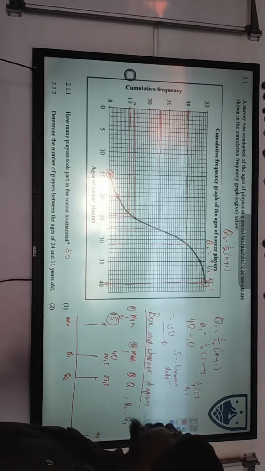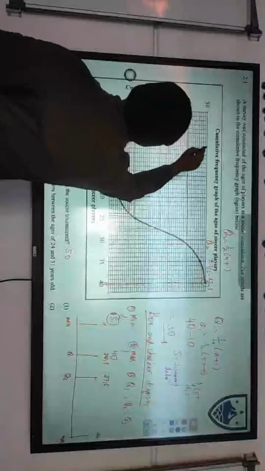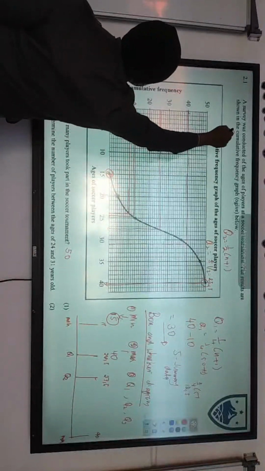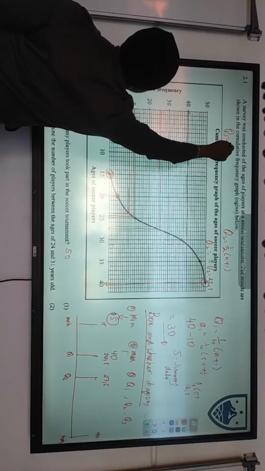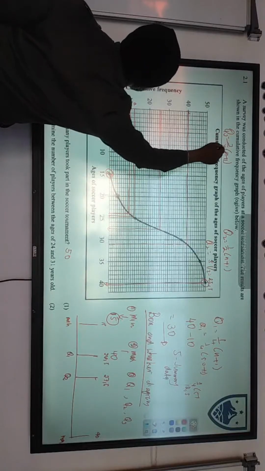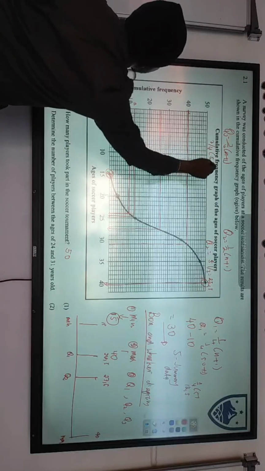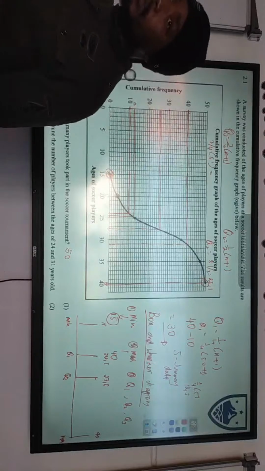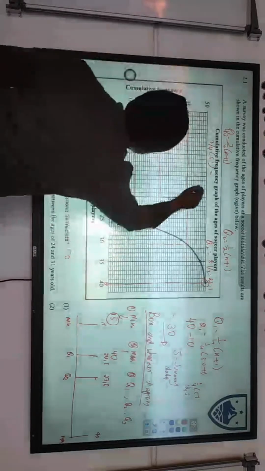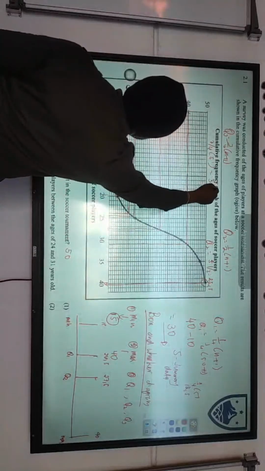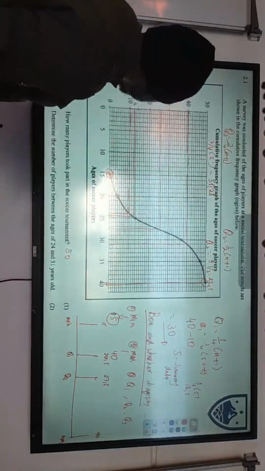And then let's go and find Q3. 3 over 4 times n plus 1 as a position. So we're going to have 3 over 4 multiplied by 51, and our answer will be 38,25.